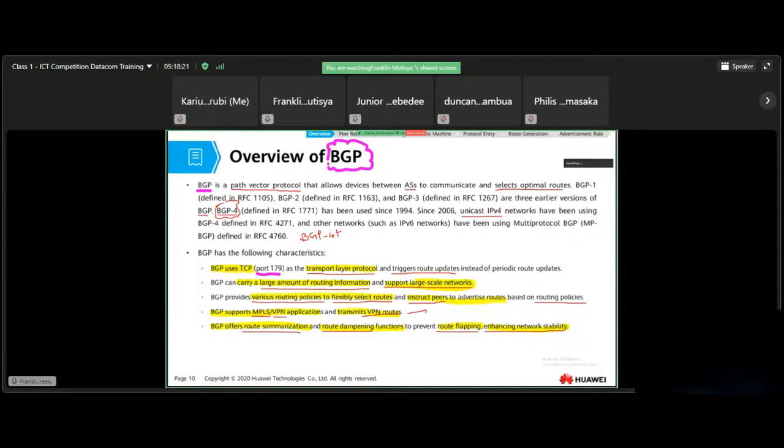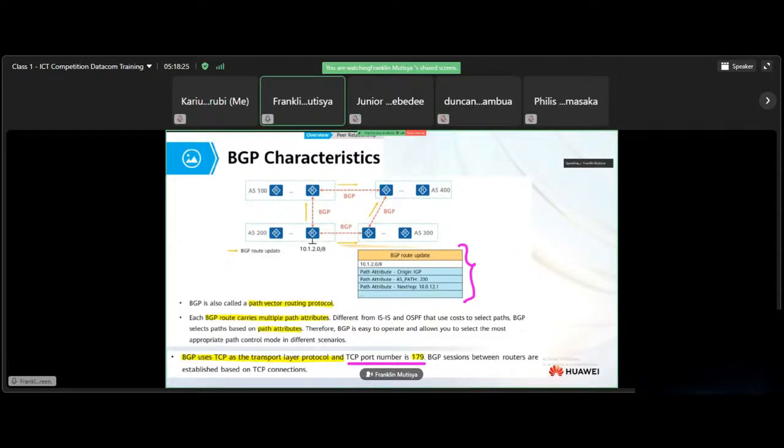So let's continue with characteristics of BGP. BGP also comes with additional features that we call BGP attributes. These offer additional functions to the BGP packets to allow for easy transfer of information from one location to another.